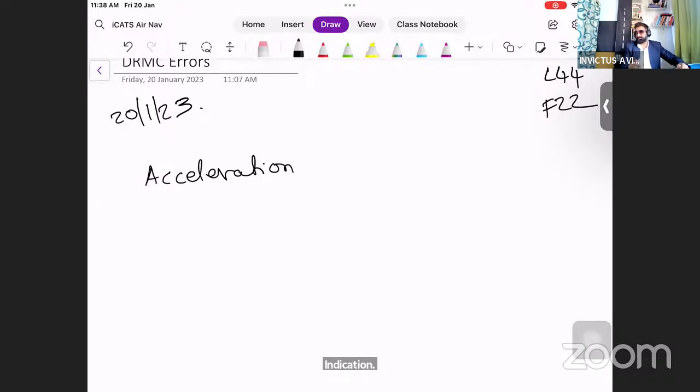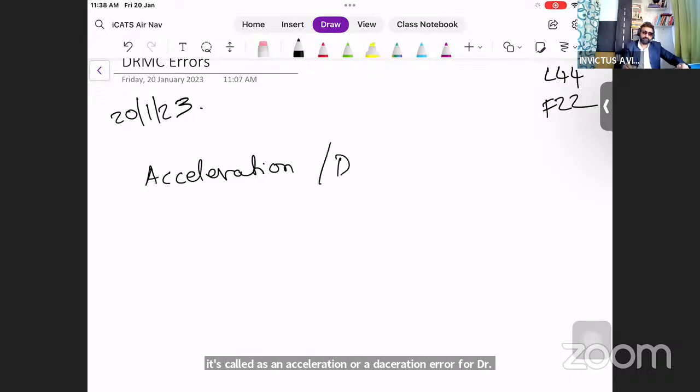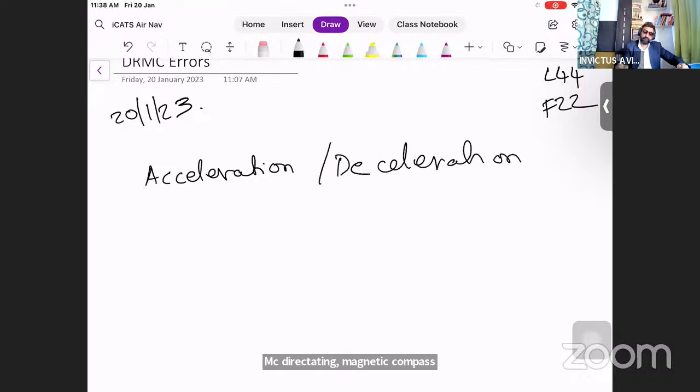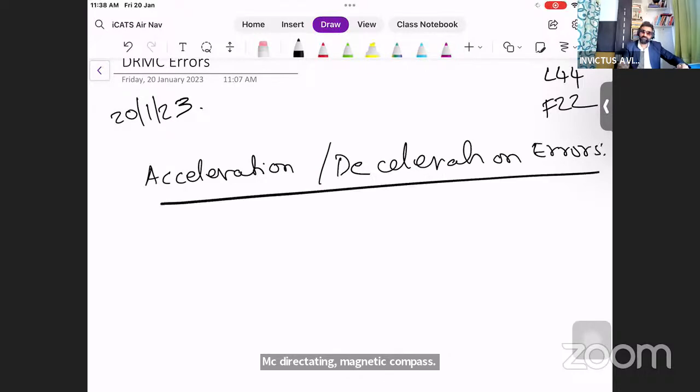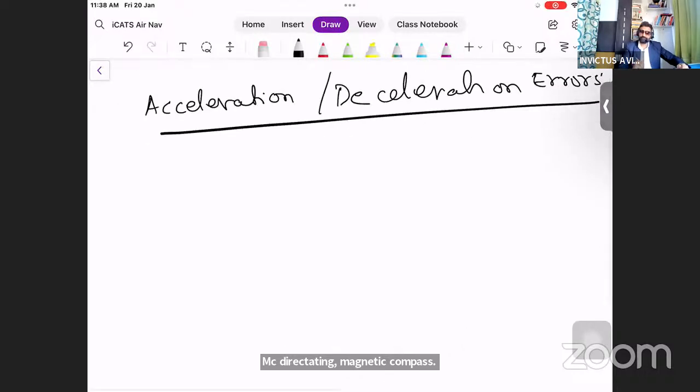This is called an acceleration or a deceleration error for a DRMC, direct reading magnetic compass. Very simple. Okay.